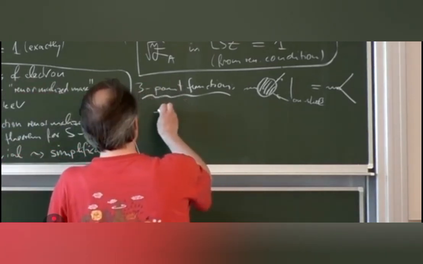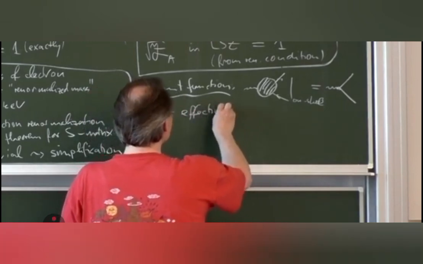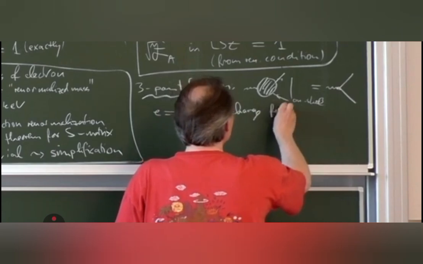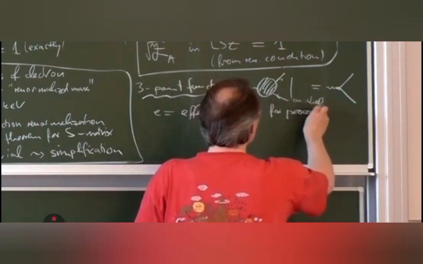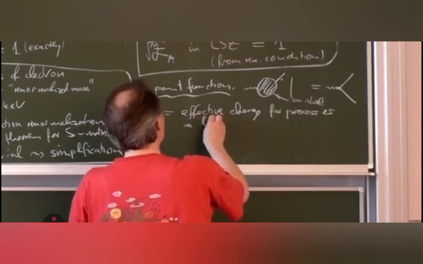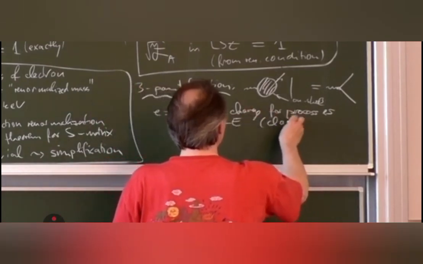So therefore we can say e is defined to be the effective charge for processes in the low energy or classical limit.